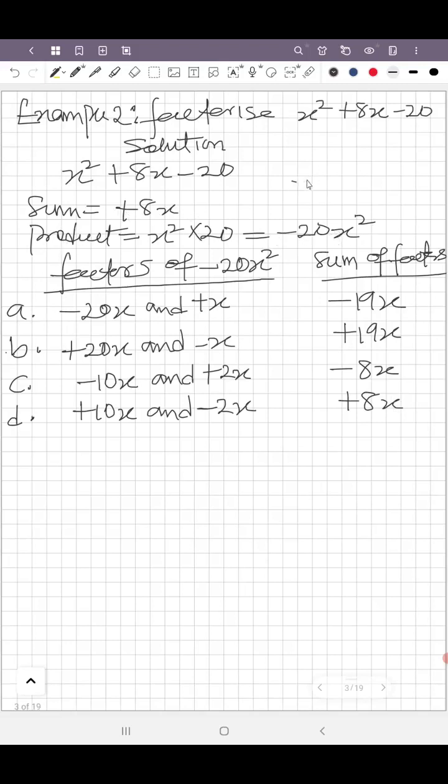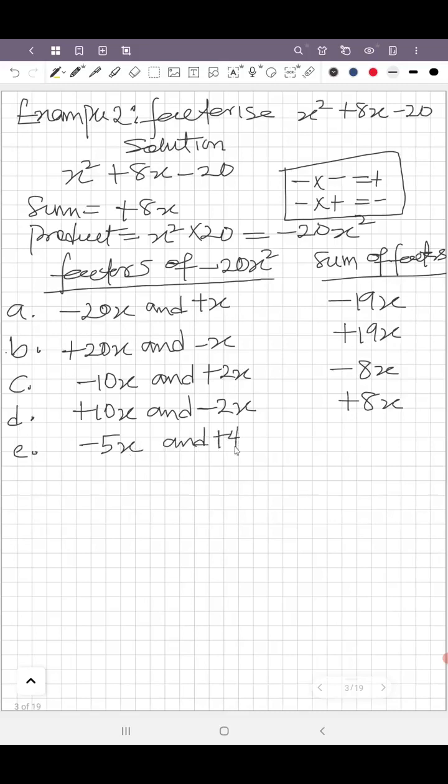You must consider that minus times minus is plus, and minus times plus is minus. You must consider these two rules when you are doing this analysis. So you don't just conclude that you have gotten your answer and stop there. Let's also try to find the last factors, minus 5x and plus 4x.